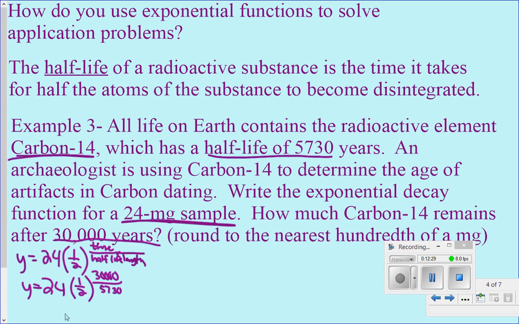Typing that in the calculator, 24 times 1/2 to the 30,000 divided by 5,730, we get 0.63 something, and the next digit was bigger than 5, so we're going to round that to approximately 0.64, and these are milligrams.